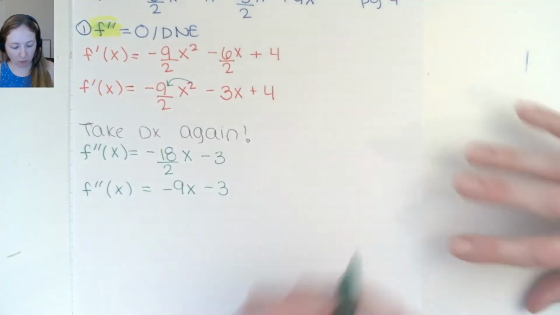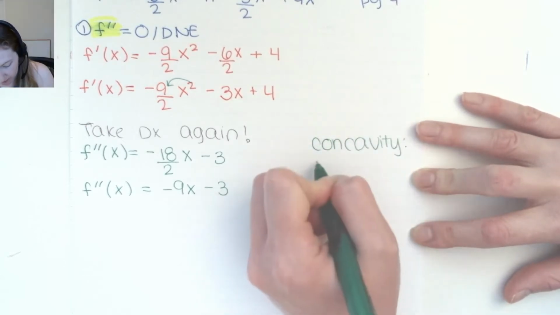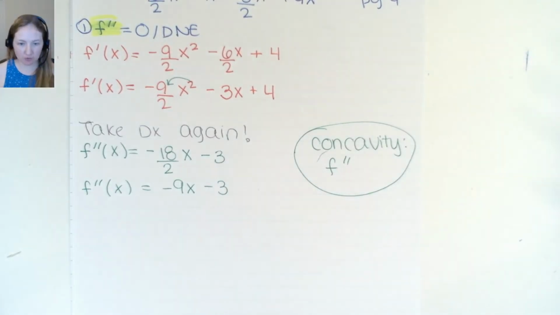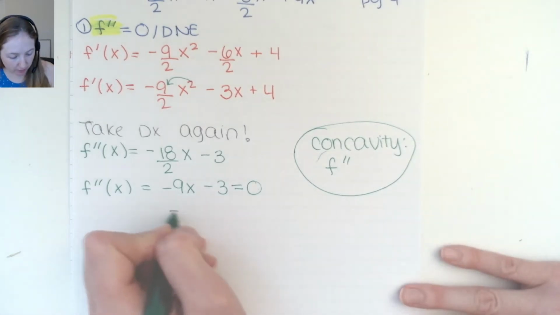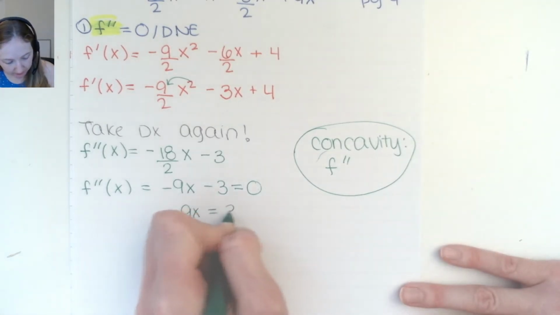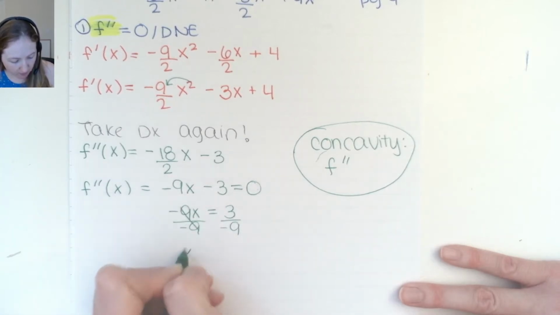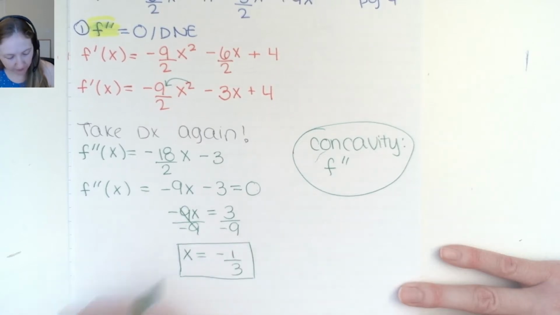Now, remember, with concavity, we are working solely with the second derivative. So once we get the second derivative, that's what we're going to set equal to 0. So undoing PEMDAS here, I'm going to add 3 to both sides and then divide by negative 9. So that gives us x is negative 1/3.